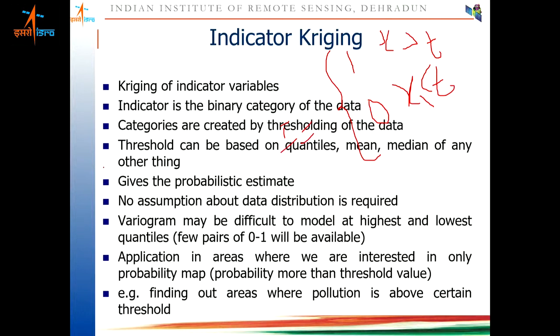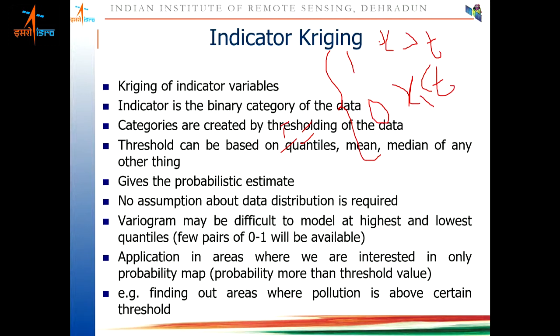So if you are interested in finding out the probability of having pollution level more than some particular threshold, in that case your x will be your pollution level, and t will be your threshold value. If pollution level is exceeding your threshold value, the indicator variable will have value 1.